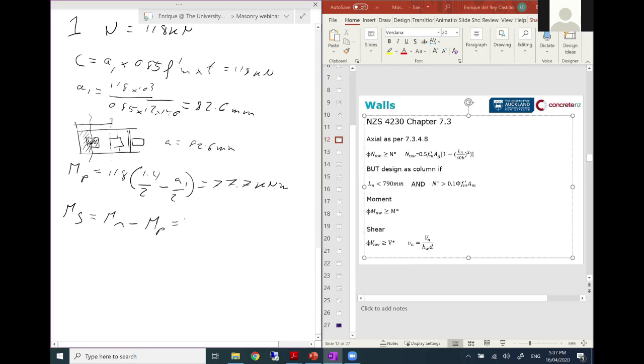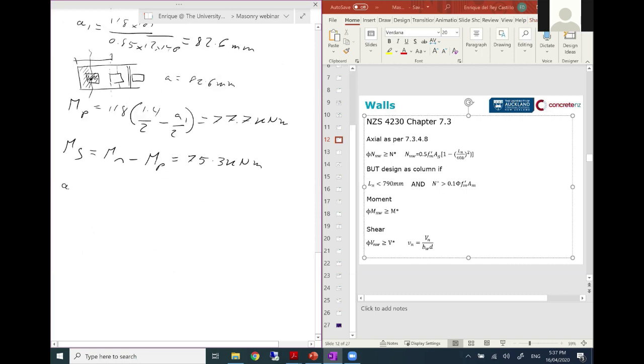So this is 75.3 kilonewton meters. Now we can estimate step 2. We can estimate A2 by similar triangles. So A2 is equal to A1 multiplied by the ratio between the moment coming from the steel and the moment coming from the axial load. And this is equal to 80 millimeters.